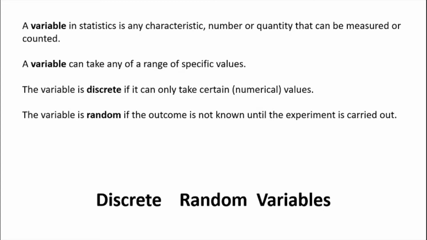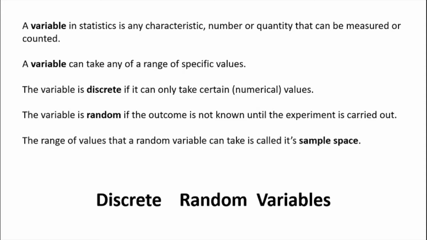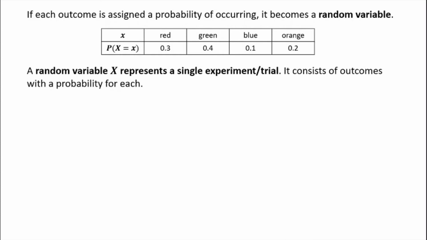We already know that all of the outcomes of an experiment are called its sample space, all of the possible outcomes to that particular experiment. So we can refer to the range of values that a random variable can take as the sample space. Let's have a look at this random variable. It's not discrete because the outcomes are not numerical.